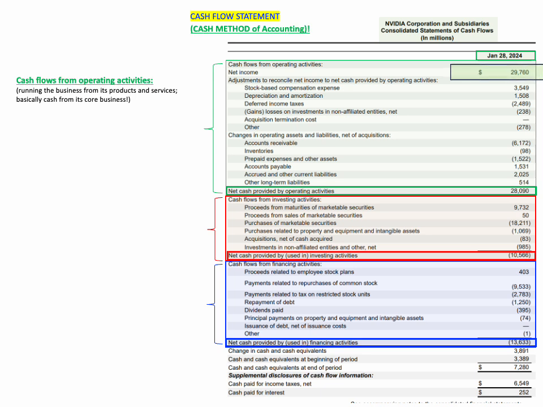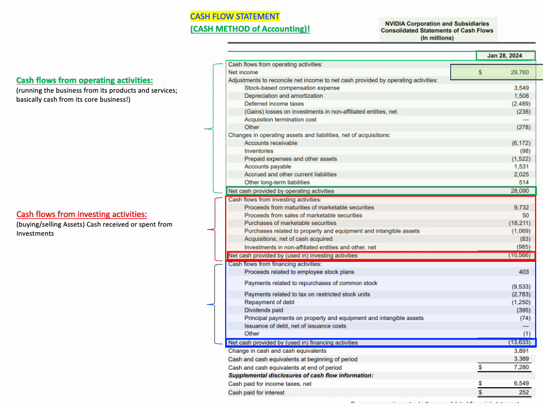So let's start with the statement itself. We start off from the top. We said the net income that came from the income statement is $29,760,000,000. The first section of the report is cash flow from operations. So this is running the business from its products and services, basically cash from its core business.